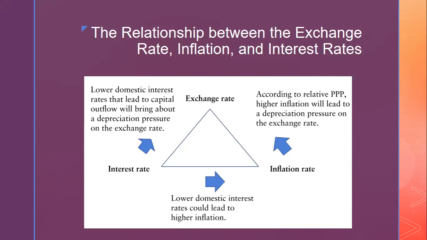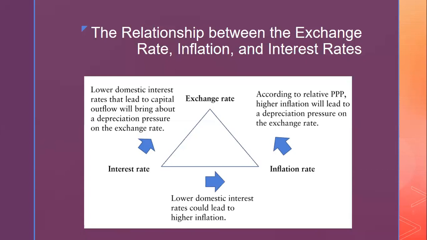So being a rational investor, you might invest in the foreign market, not in the domestic market, because the lower domestic interest rate gives you a lower return. Accordingly, a lower domestic interest rate will result in a capital outflow.